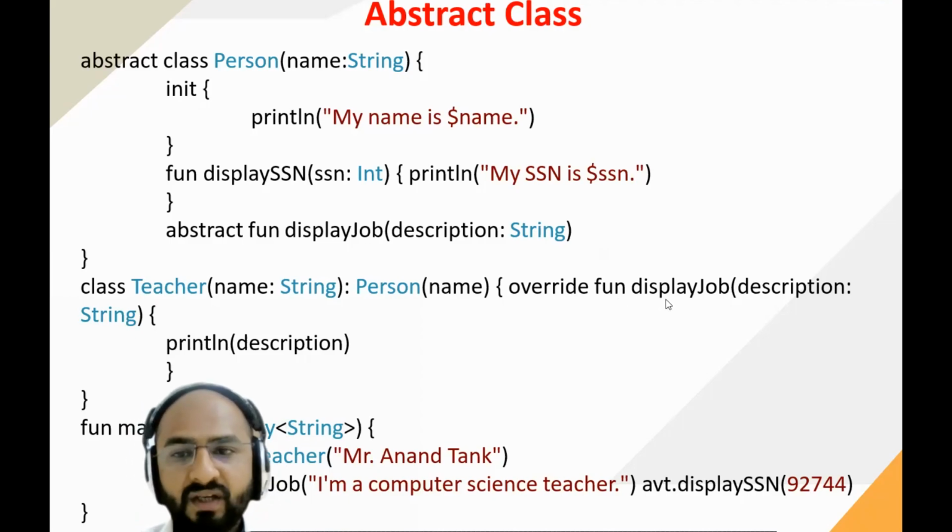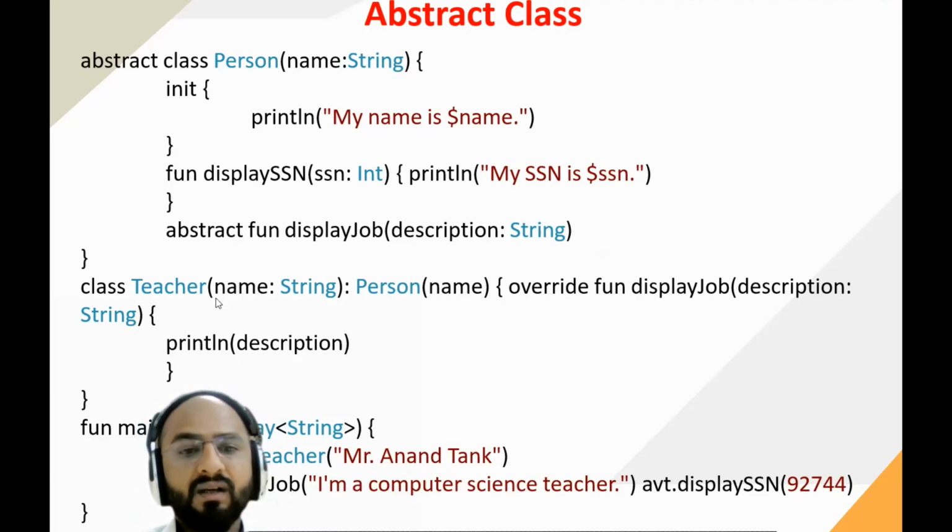So I have written override function display job, and in that I have just printed the description over here. So in the function main, I am creating a variable object named AVT, referencing the teacher class, Mr. Anand Tak. This is what my name is. So this name goes to that teacher constructor.